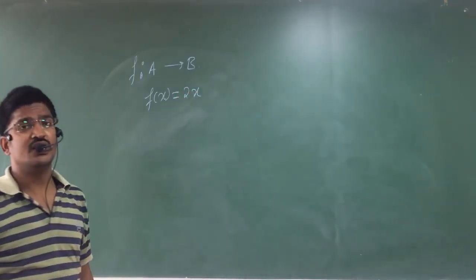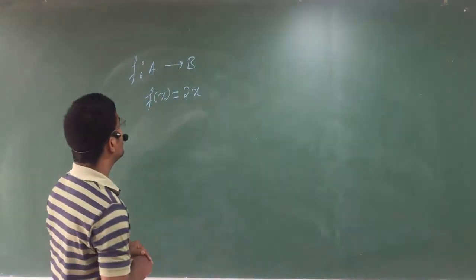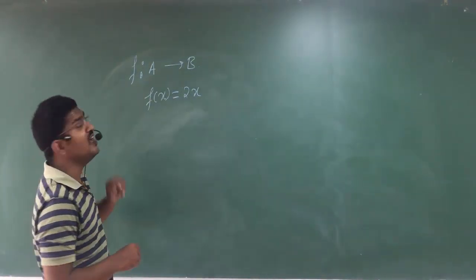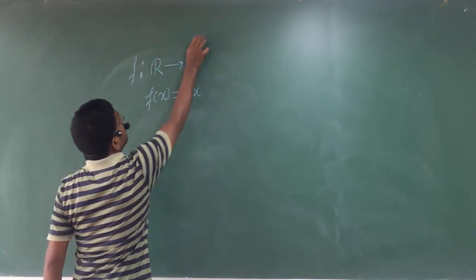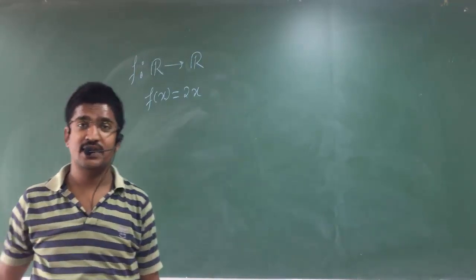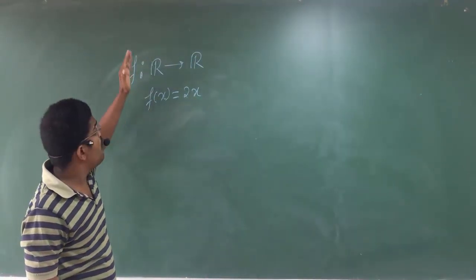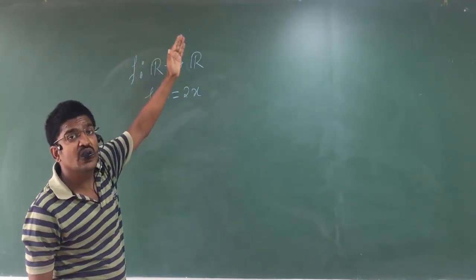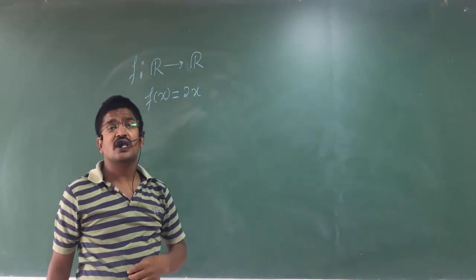Clear? Here for A, I will give the real number set. For B, I will give again the real number set. That means the function is a relation from real numbers to real numbers. Domain is also a real number set, codomain is also a real number set.